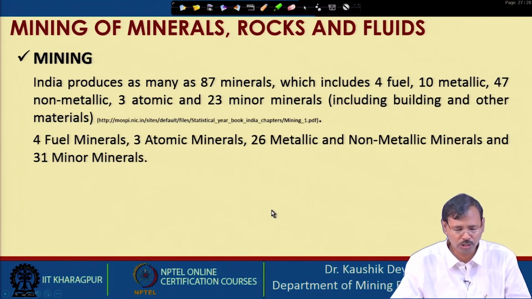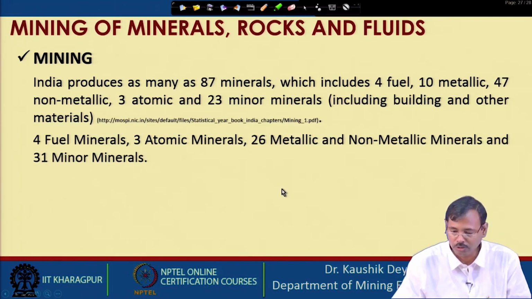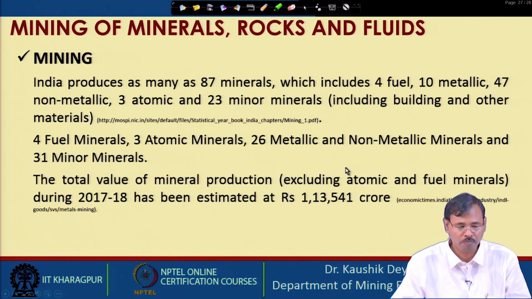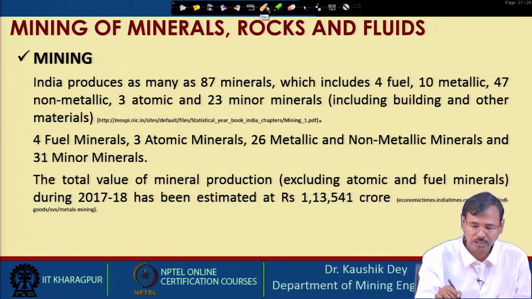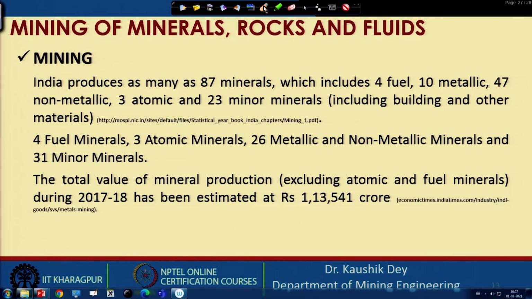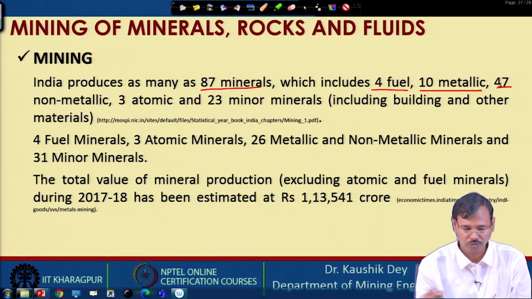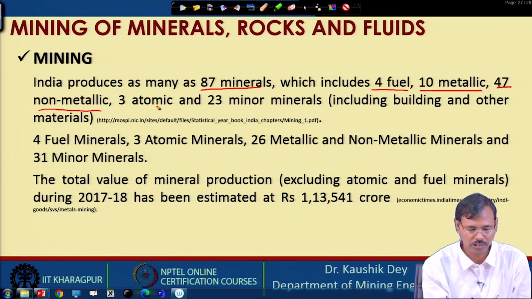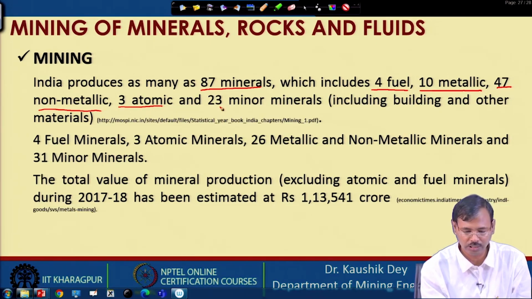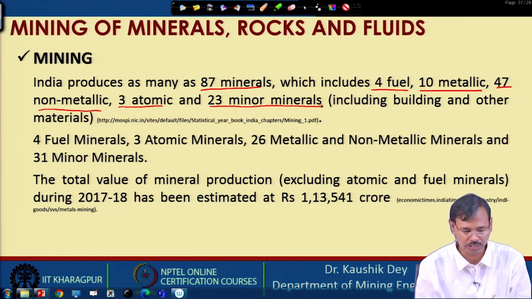Now, let us look into our national scenario for the mining of minerals and ores. India is mining 87 minerals, which includes 4 fuel minerals, 10 metallic minerals, 47 non-metallic minerals, 3 atomic minerals and 23 minor minerals.